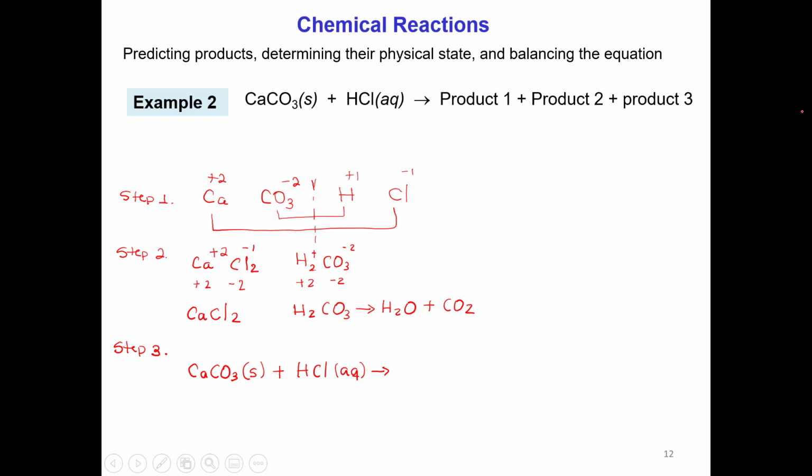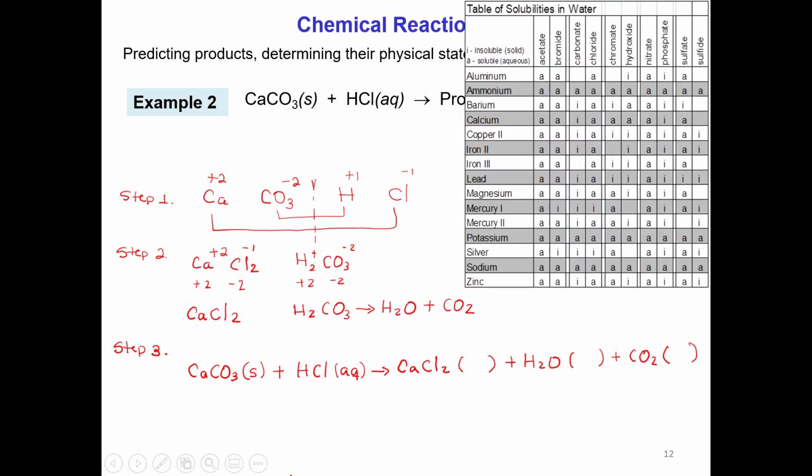And let's write the products here. Calcium chloride plus water plus carbon dioxide. And to check the physical state, we will use this table.